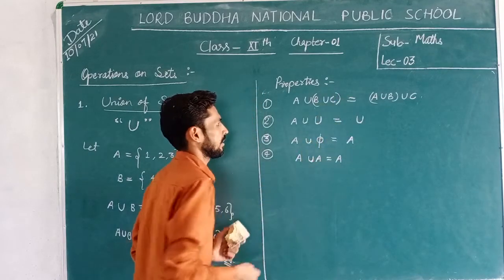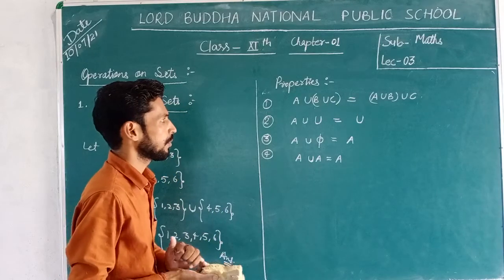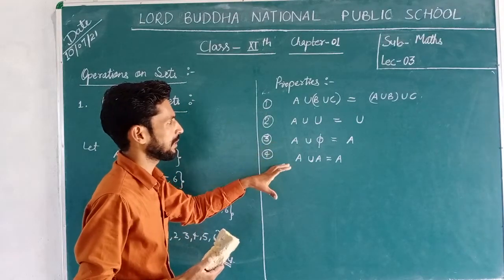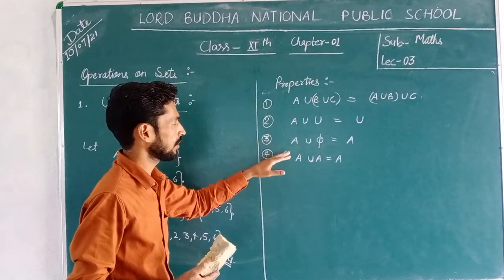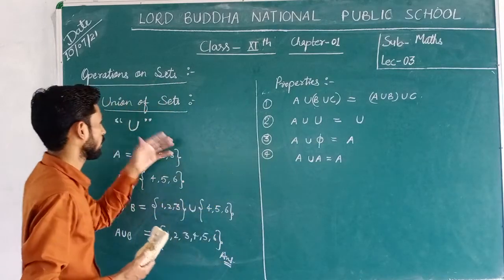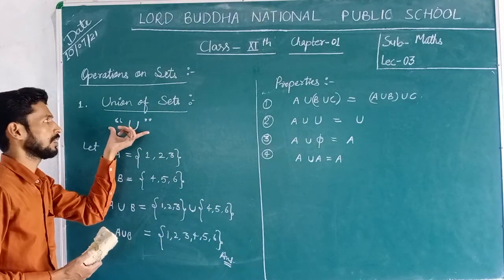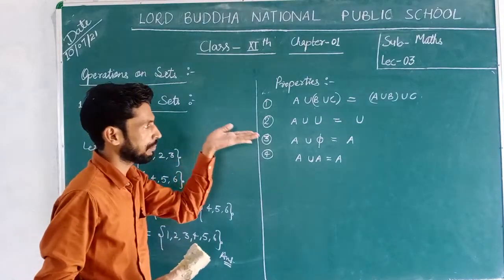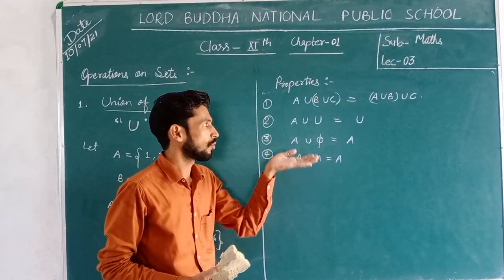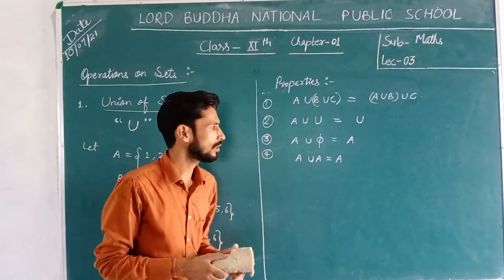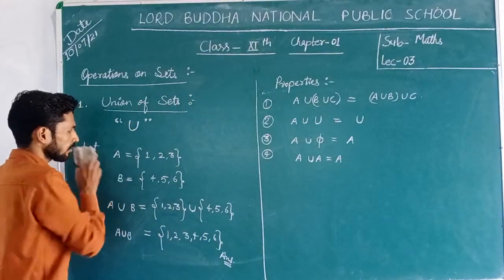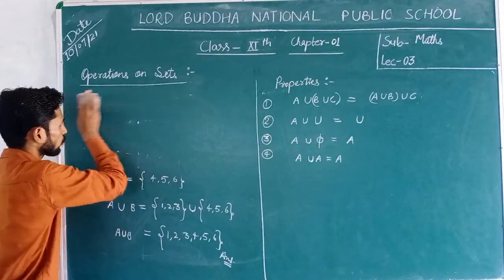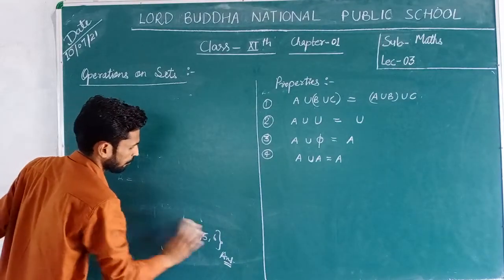How can we represent that these properties hold for the topic union of sets? We will prove it by examples. So by taking examples, we will prove it.